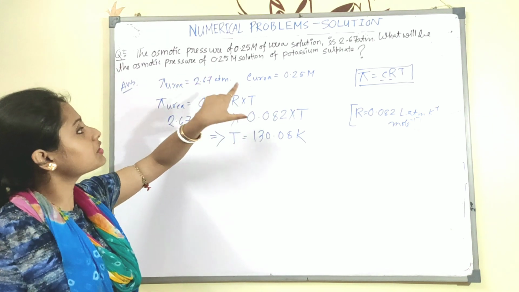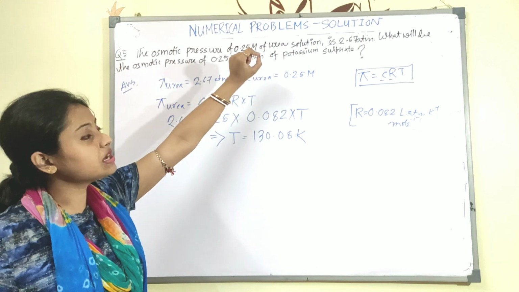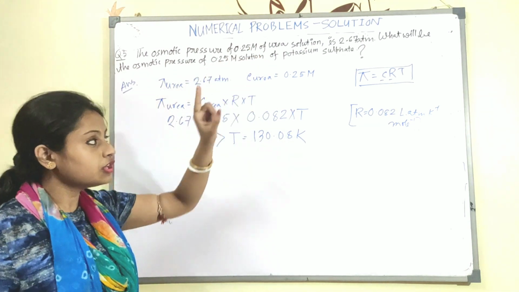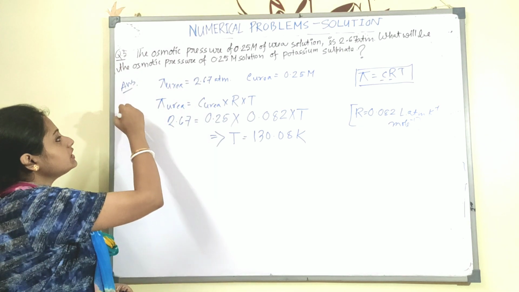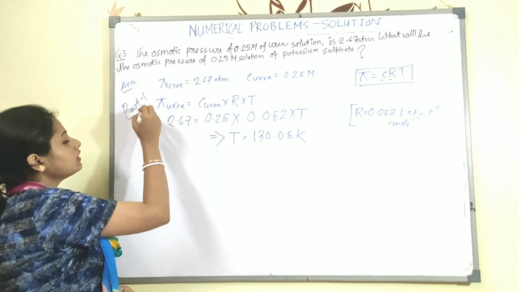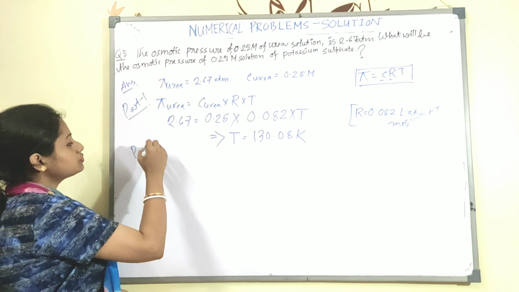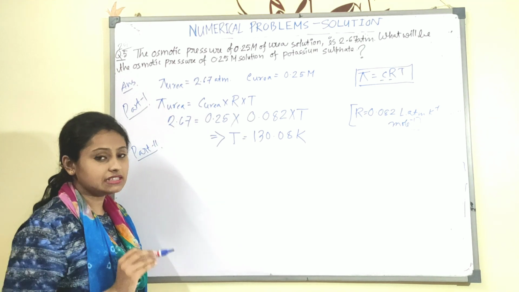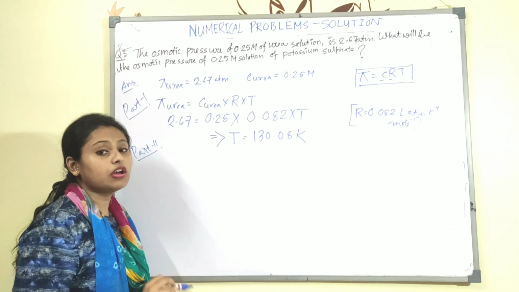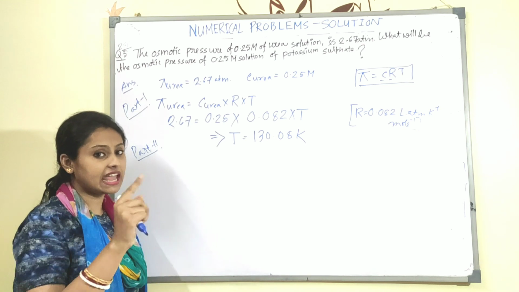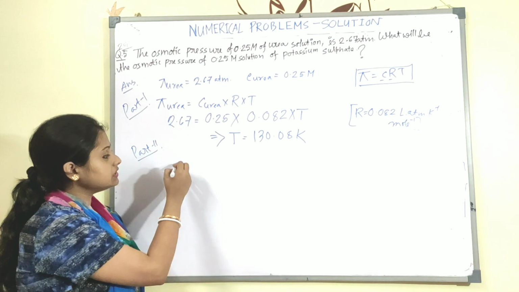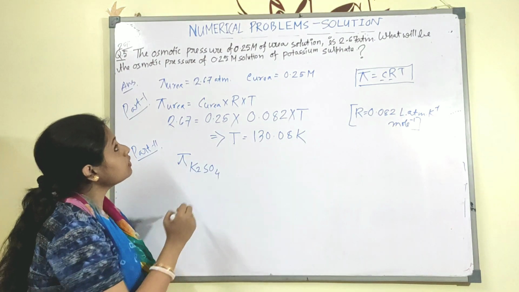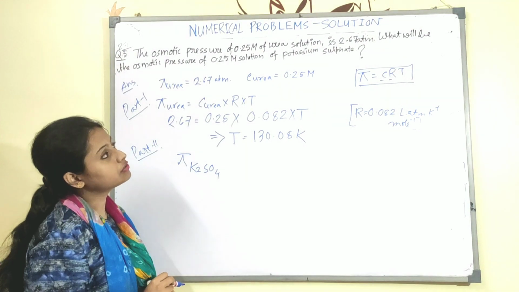Now see, we already know the temperature from part 1. Now, the concentration of potassium sulfate solution is the same, that is 0.25. So again, this is part 1, now part 2. If we apply the same formula for potassium sulfate, that is K2SO4, pi of K2SO4 has to be calculated now.